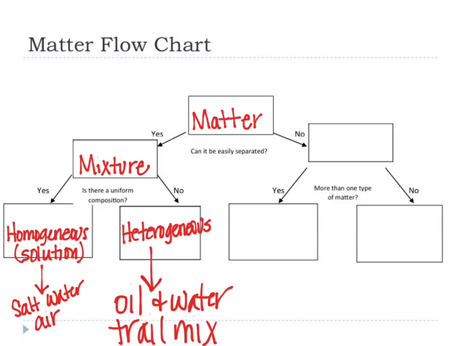Now, let's go back to matter and say it cannot be easily separated. If it cannot be easily separated, what are we going to classify that as? Compound and element both go into this section. So if it's an element or a compound, it is a pure substance.